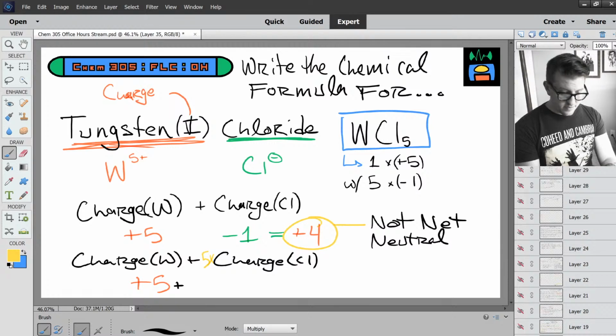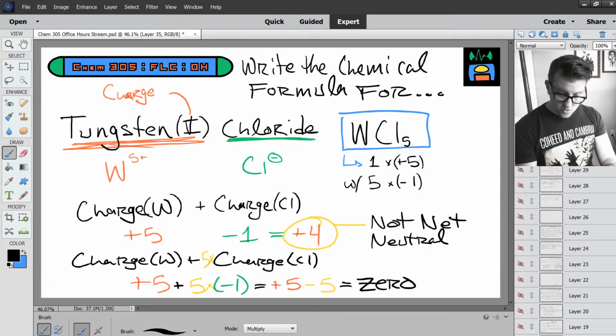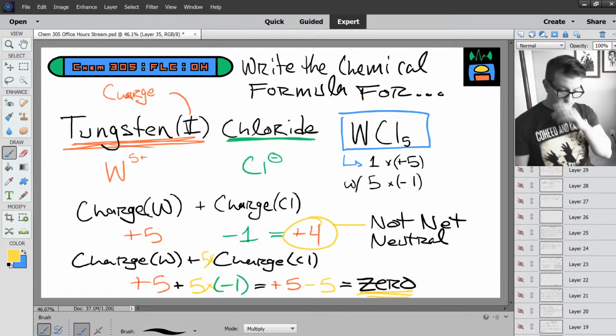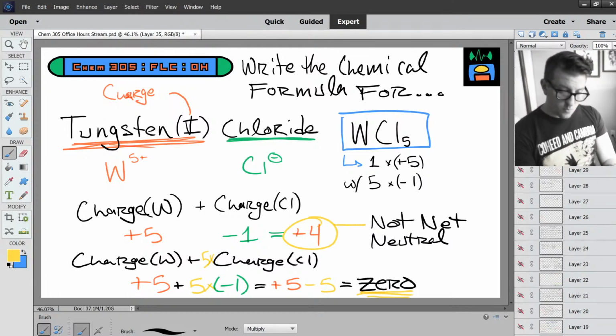If we added 5 times the charge on chlorine, this would be equal to +5 - 5, which would be 0, which is what we want. So we need not 1 chlorine, but 5 to cancel with tungsten.